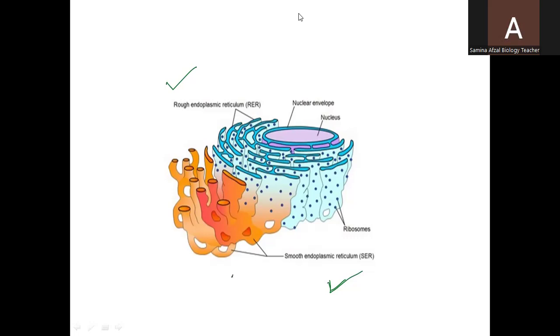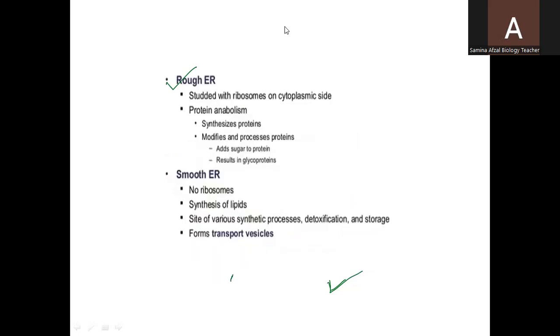The smooth endoplasmic reticulum is without ribosomes. Both perform different functions. We will move to the next slide, and in the next slides we will differentiate between these two types of endoplasmic reticulum.